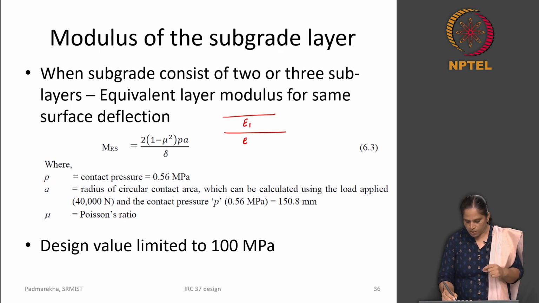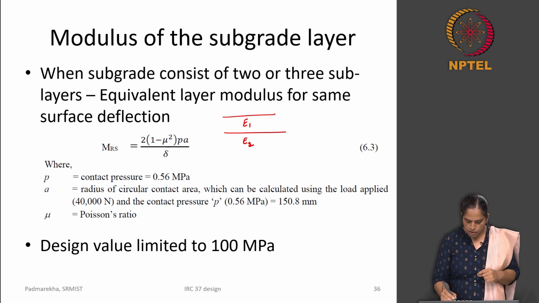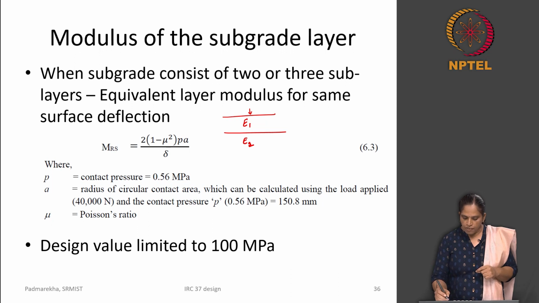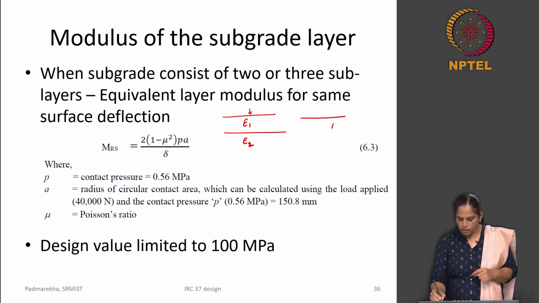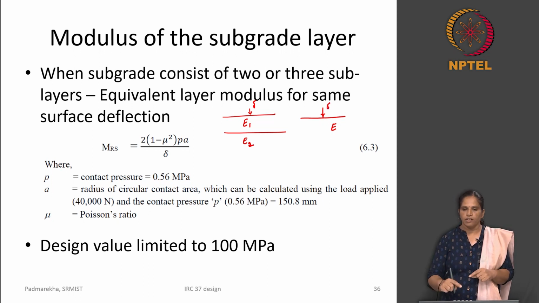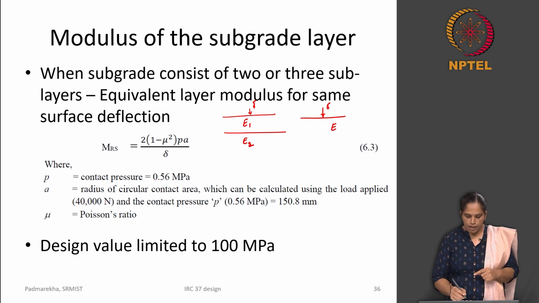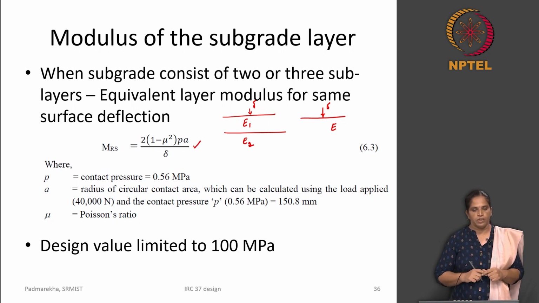So you perform a stress strain analysis and compute the vertical deflection at the surface due to a wheel load and equate the surface deflection to a single layer structure with a modulus E. So the surface deflection computed here will be the same as the deflection here. So what will be the modulus that causes the surface deflection of delta here? So delta can be computed using software here and modulus can be estimated using this expression.